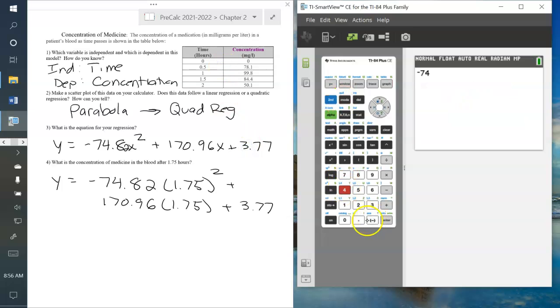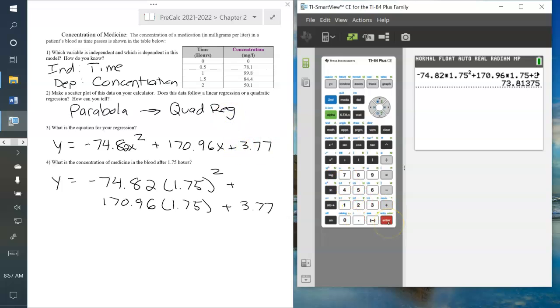Negative 74.82 times 1.75 squared. Whoops, squared. Just do squared. Plus 170.96 times 1.75 plus 3.77.